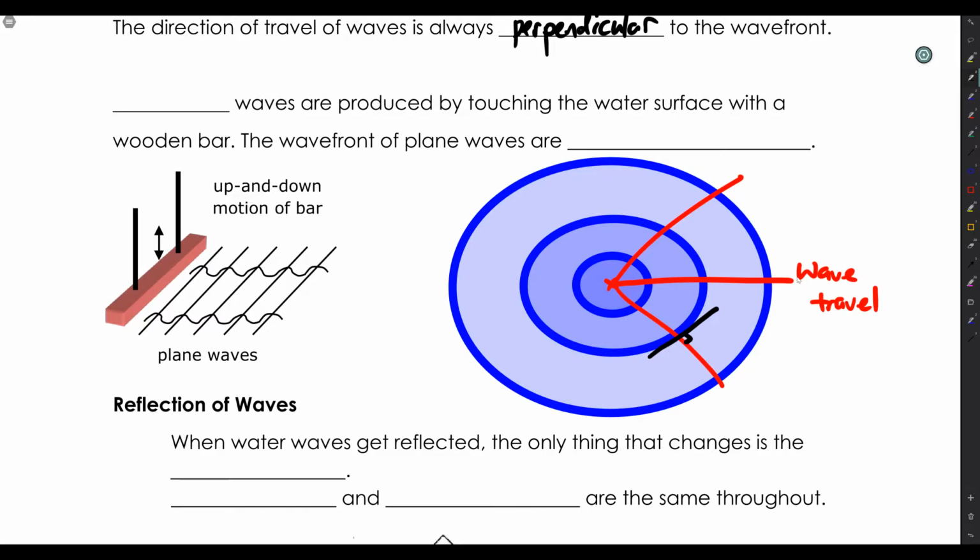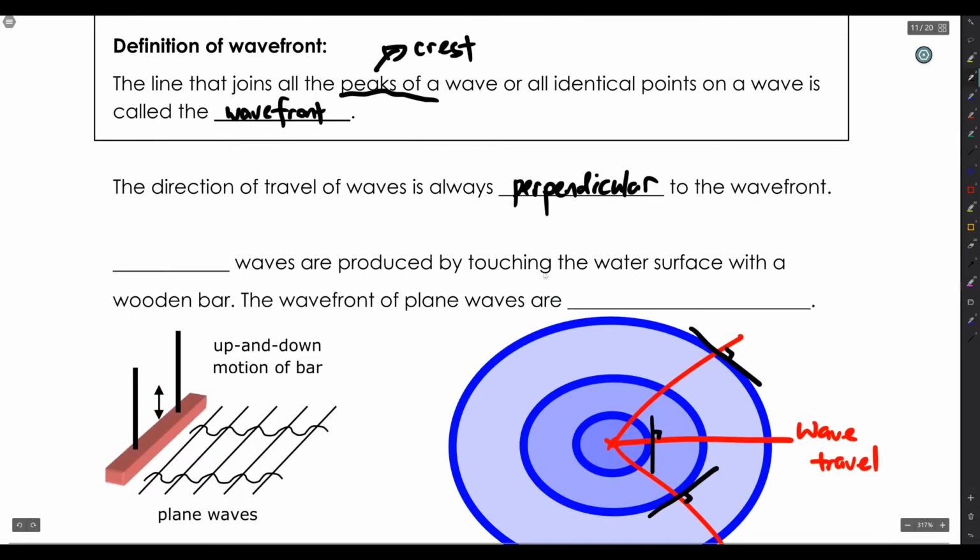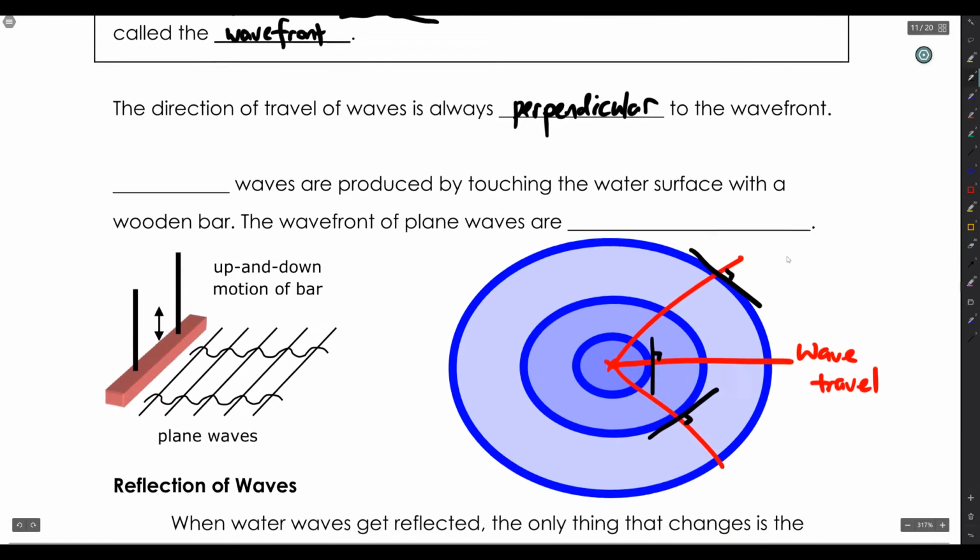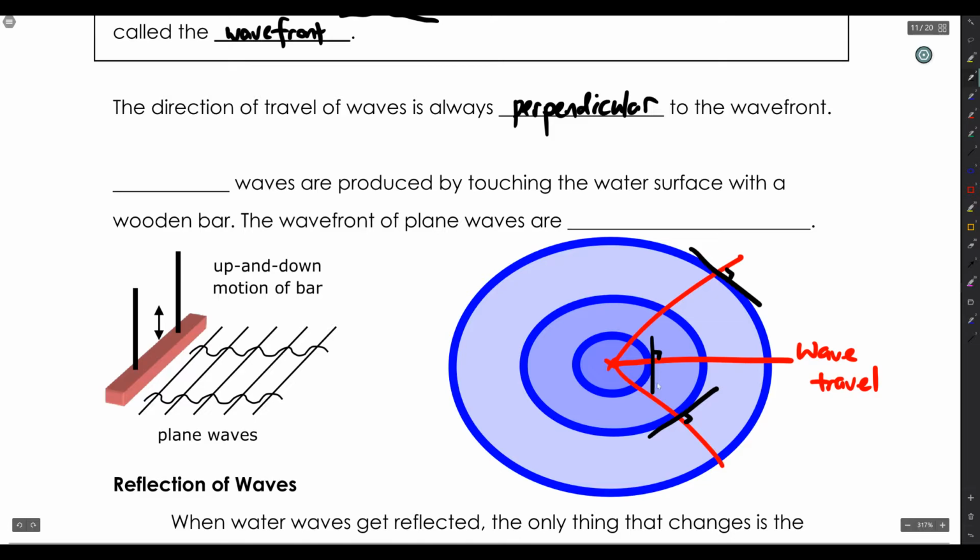The tangent of the first circle to the red line is here, the tangent of the second circle to the red line is here, the tangent of the third circle is here, and you'll realize that they are all perpendicular. This is what I mean when I say the direction of travel of a wave is always perpendicular to the wavefront. The red line represents the wave travel, the circles represent the wavefronts, and they are all perpendicular to each other.